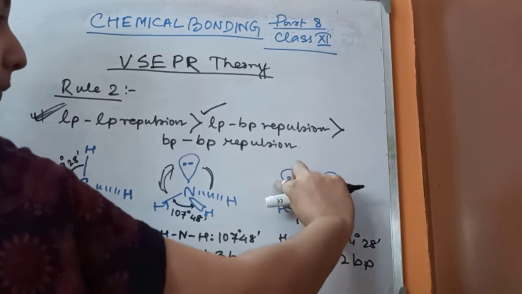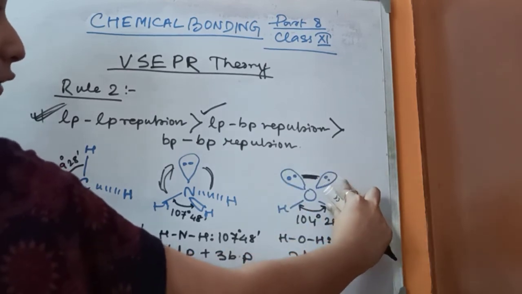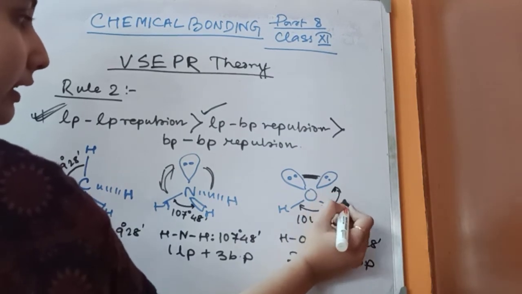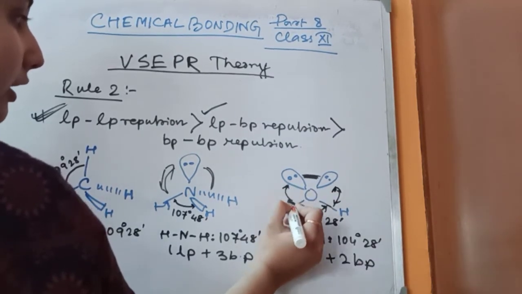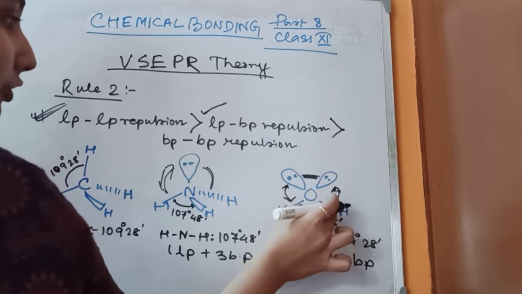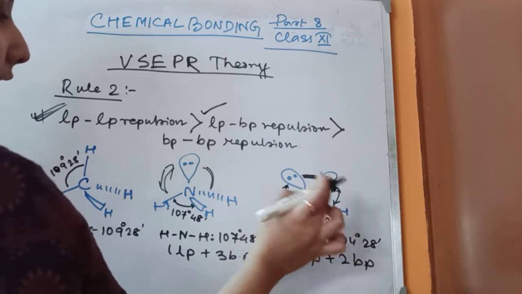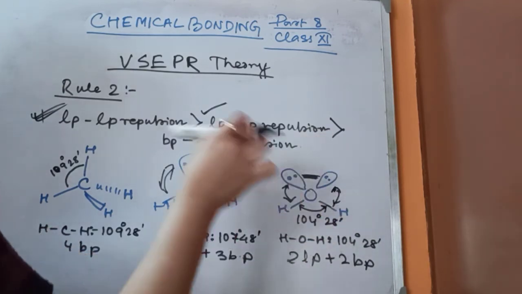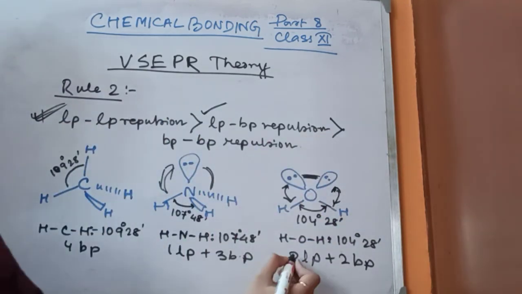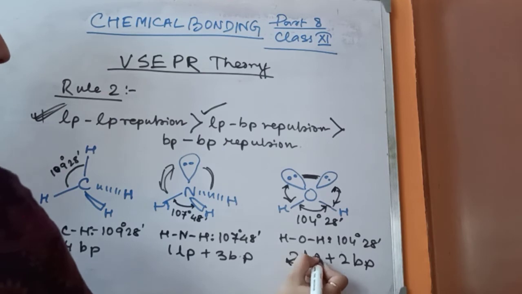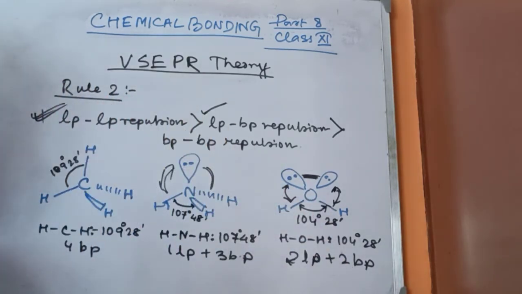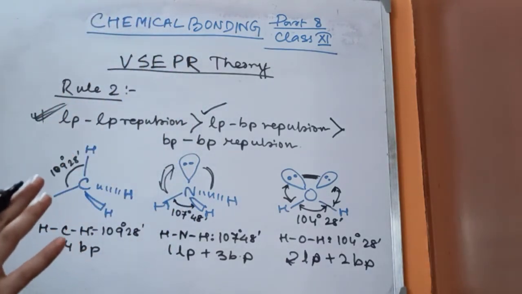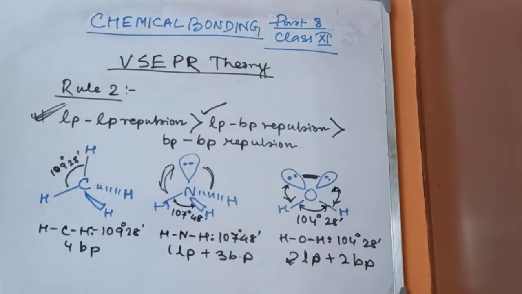This lone pair bond pair repulsion will also occur, and they will shrink the HOH bond angle. The bond angle will shrink like this, and hence we have a reduced bond angle here. Okay, so this is rule 2.